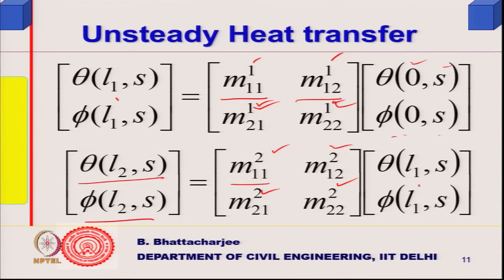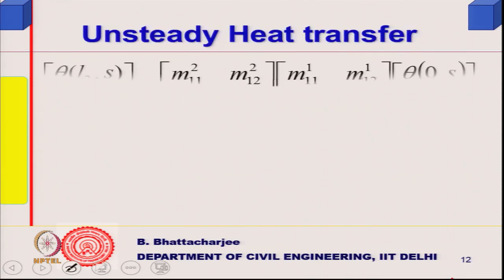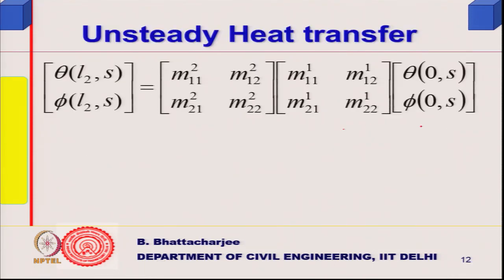Now, replace this here, put theta L1 s and phi L1 s here, and this can be written in terms of theta 0 and phi 0. So, if I have n layers, first layer will come here, second layer, third layer, nth layer, where this will be the Laplace transformation temperature at the nth layer, and this is the flux at the nth layer.